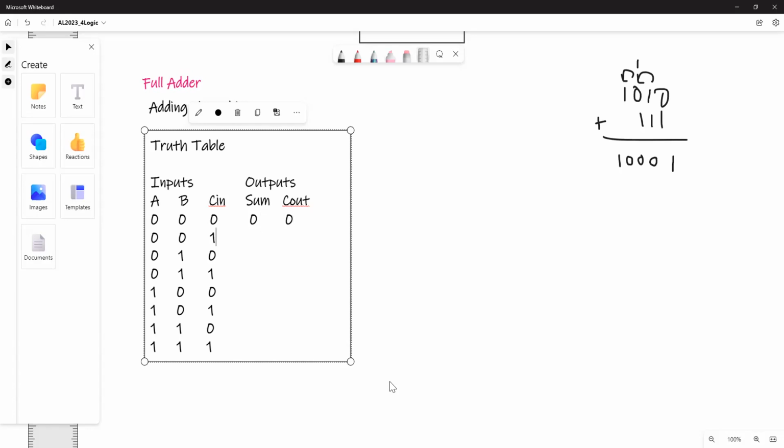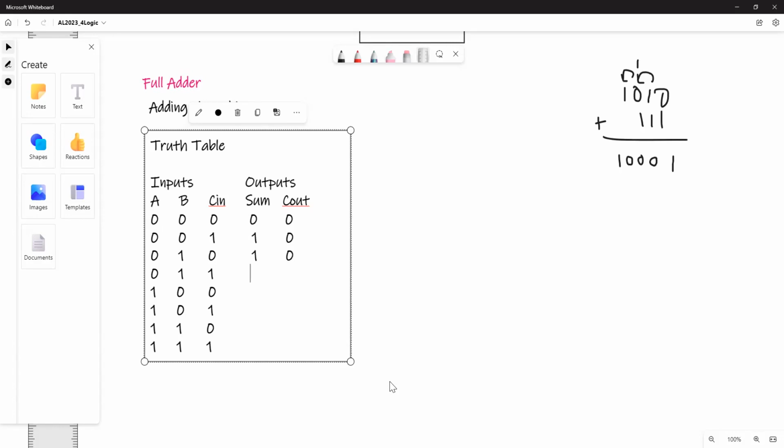The carry out will also be 0. So when you have 1, the sum is 1, right? And then there's no carry out, that is 0. Then sum again 1, carry out will be 0.